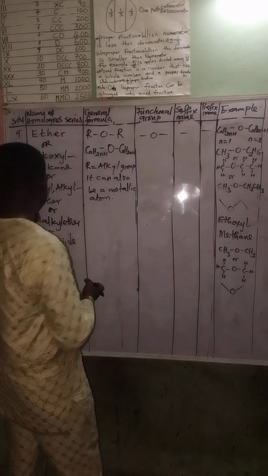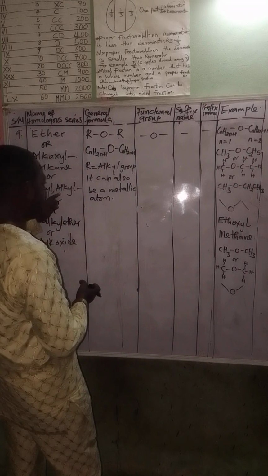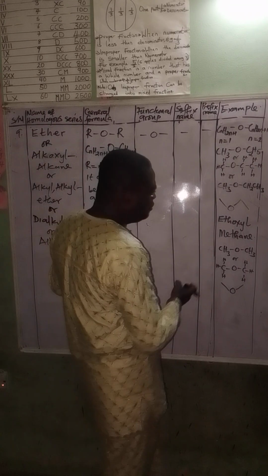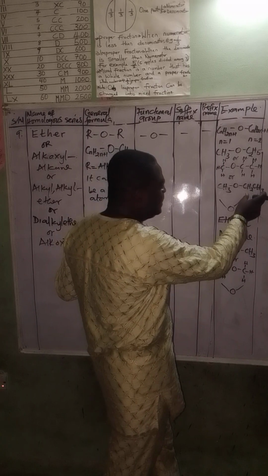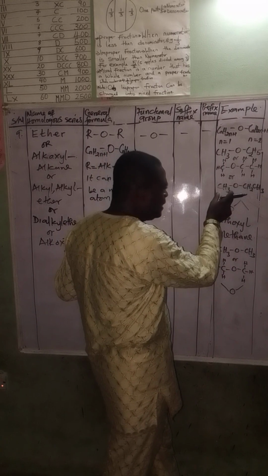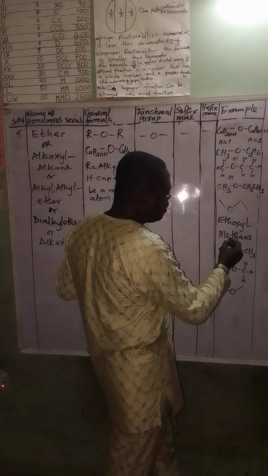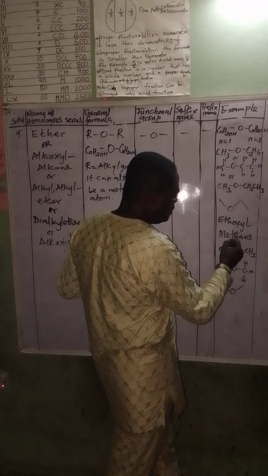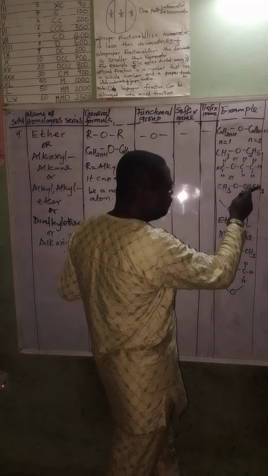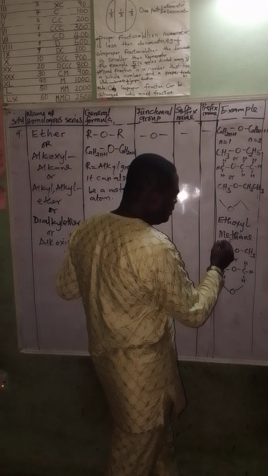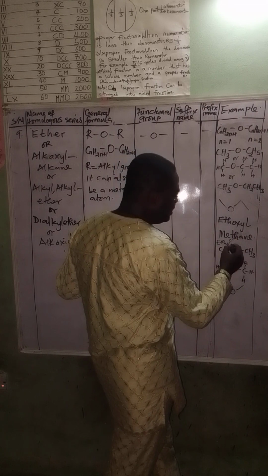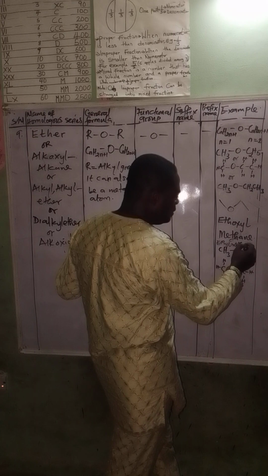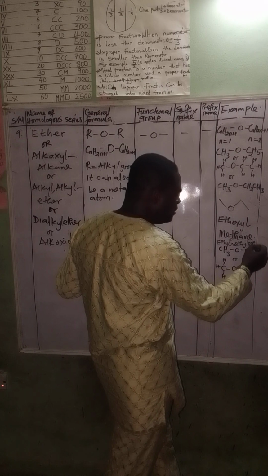You can still use another style, alkyl ether. That is, you say, what is the first alkyl? This one is what? Ethyl methyl ether. Or you start from the back here. When it is 2 carbon, that's ethyl, that is here. Then this one is methyl, then ether.